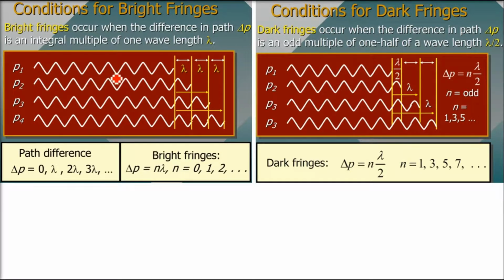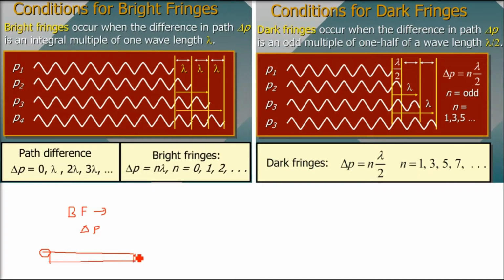The bright fringes occur when the difference in path, which we call delta p, is an integral multiple of one wavelength. Say one path length is p1 and the other is p2. We take the difference, p2 minus p1 or p1 minus p2, whichever is higher. The difference between them is the path difference.